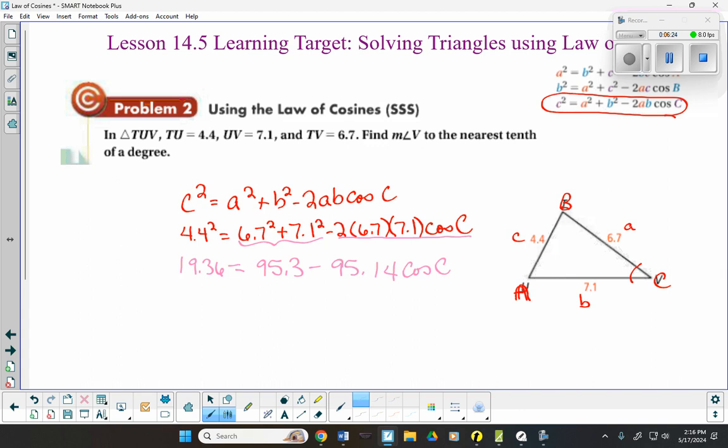Now to solve that, what we need to do is get the cosine C term by itself. So we'll subtract 95.3. 19.36 minus 95.3 equals negative 75.94. Over here you have negative 95.14 cosine of C. Lastly, we want to get the cosine C by itself, so we're going to divide both sides by negative 95.14.